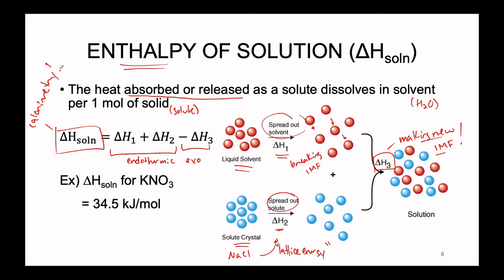So this calorimetric method that we have already discussed back in chapter 10 can be useful for directly finding enthalpies of solution. So for example, our enthalpy of solution for potassium nitrate, which can also be found in lab directly, is equal to 34.5 kilojoules per every mole.